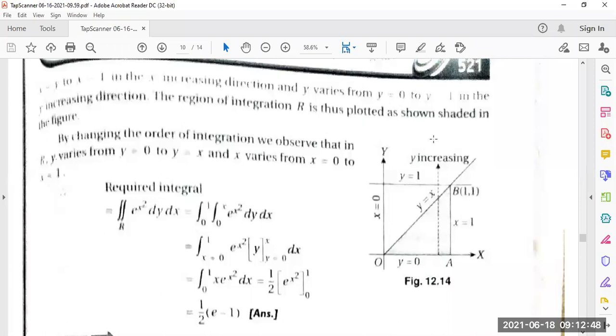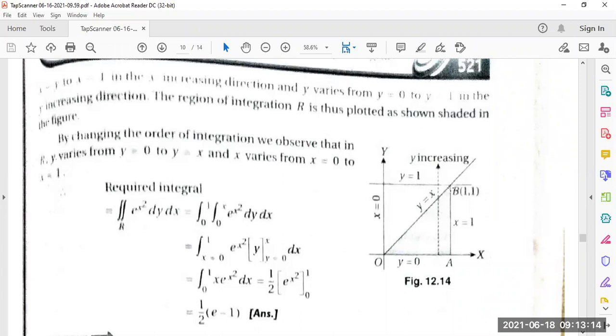Now, previously what was the value of y? Sorry, x equal to y to 1. x equal to y and here y equal to 1. Now, it was with respect to dy. dy means in this direction. When we are taking in dx direction, then in this point, what is the value of x? 1.